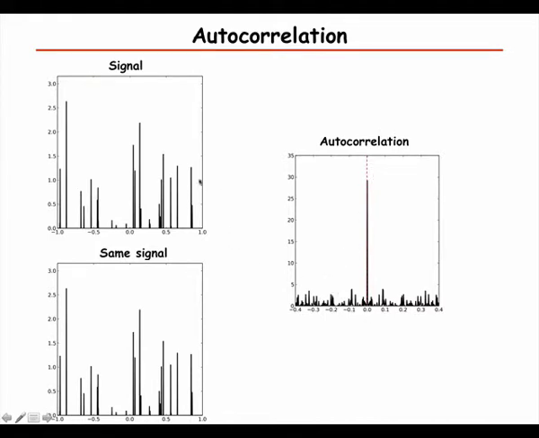And in this case, we actually don't have any adducts, so we don't get any other peaks. There are some noise peaks here, but autocorrelation is always dominated by the peak at 0.